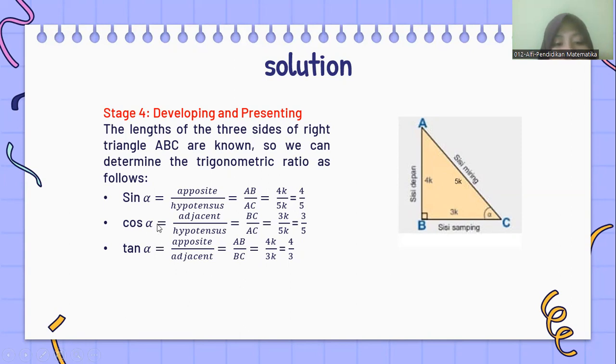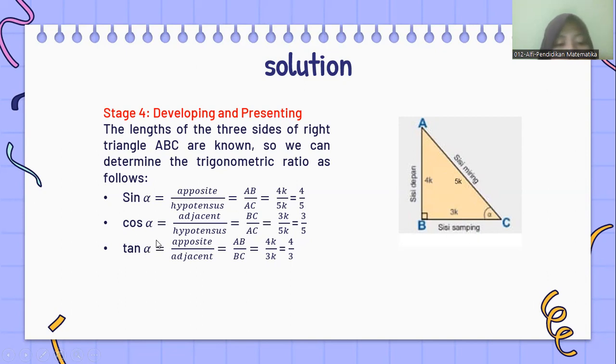Next, cos alpha is equal to adjacent over hypotenuse. The adjacent is BC, the hypotenuse is line AC, equal to 3k over 5k, equal to 3 over 5.